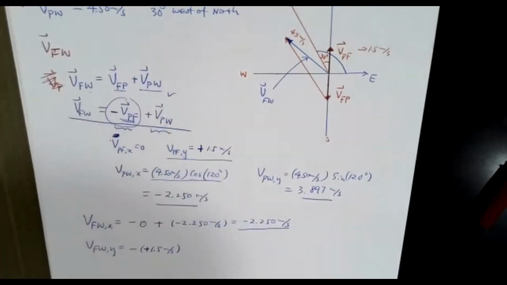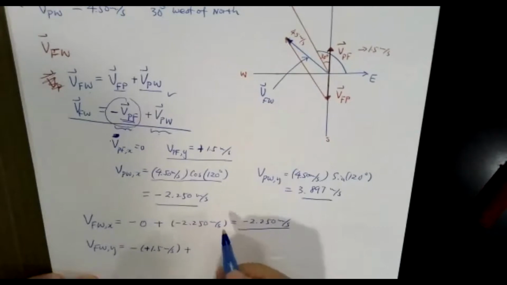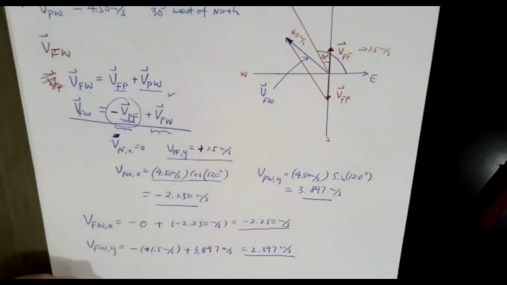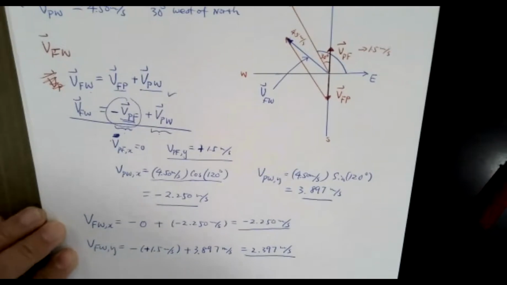But we are taking care of the negative sign later, so it's originally positive. Now plus the second one, 3.897 meters per second. So this gives us 2.397. This then is the x component of the resultant and the y component of the resultant.